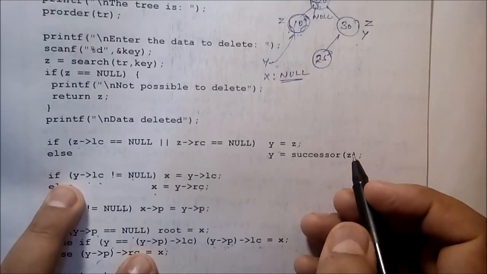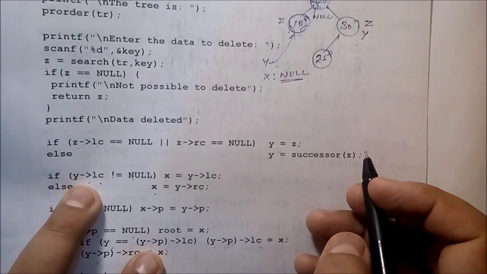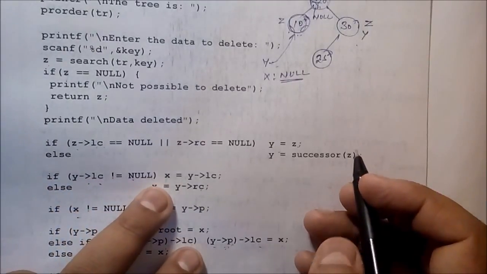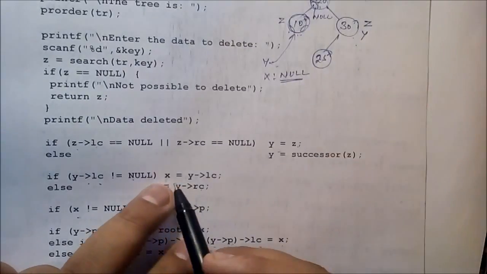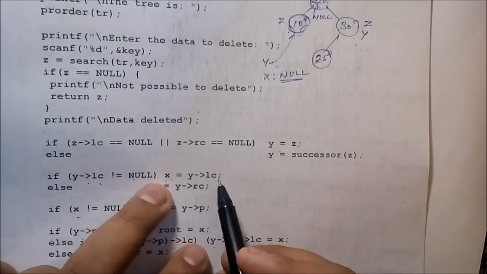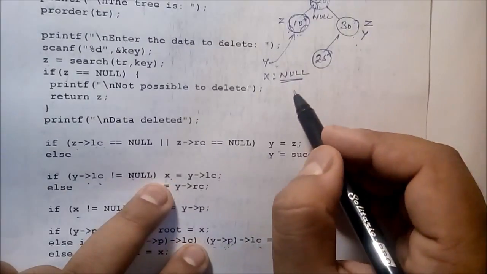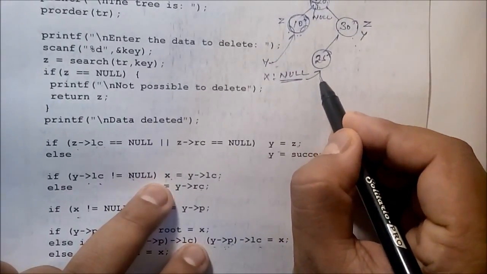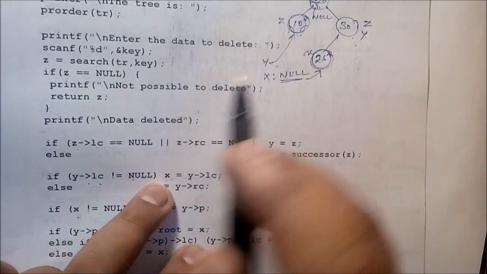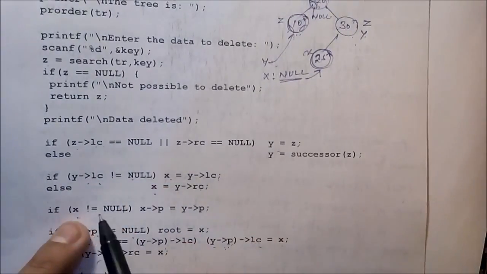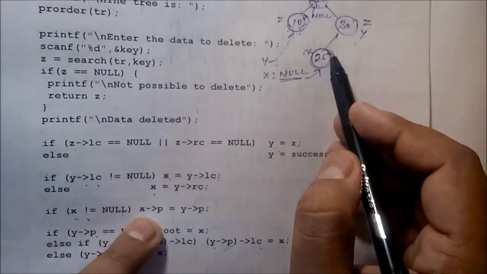Now if y left child not equal to null, the condition is true. X is equal to y left child. So x stores the address of this particular node, because the left child of y is this one. So this is nothing but our x. X not equal to null, the condition is true.